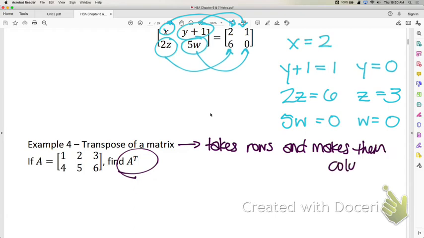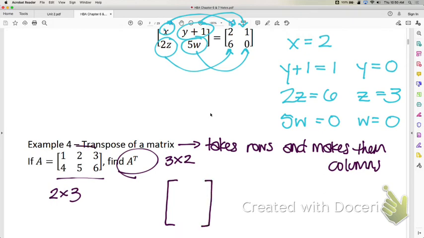So it kind of takes it and flips it on its side. If I asked you the size of A, the way it is right now, you would tell me this is what? 2 by 3. A transpose, by definition, is the flip of that. It is 3 by 2.